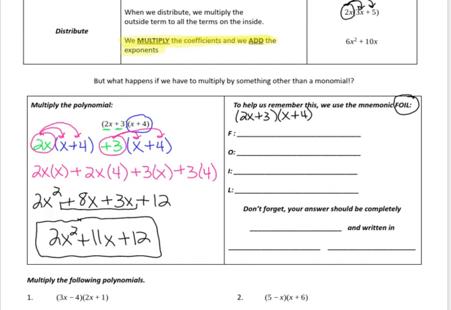So I'm going to start out, the F stands for first. And so what that means is look at your parentheses, and whichever piece comes first, you're going to multiply those two things. So for example here, it would be 2x times x, because that's what comes first in both of these parentheses. Okay?